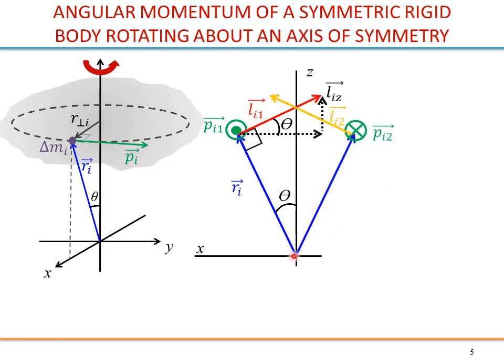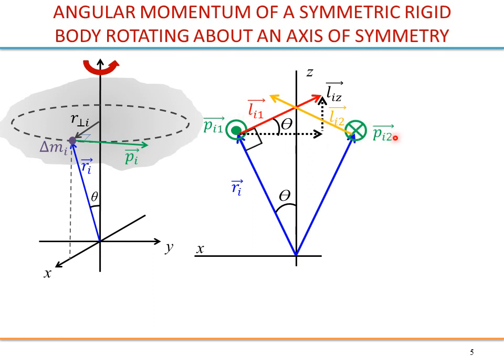So we have another position vector here, and it is rotating in this way. So p_i1 is out of the page, and here the linear momentum is in the page. And if you take again this vector cross product with this one, you will find this one. So this is the angular momentum for this particle.